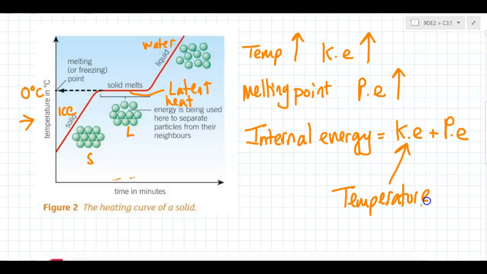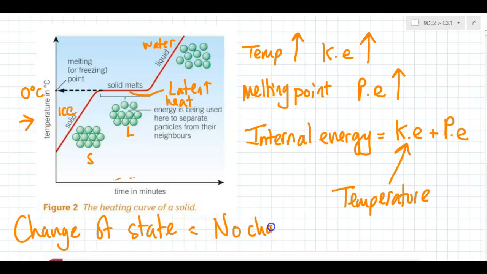Okay, so that's a bit of a harder idea, that when something changes state, that's the thing to take away from this. When there is a change of state, so melting or freezing or condensing or boiling, there's no change in temperature, but there is a change in the energy of the particles.